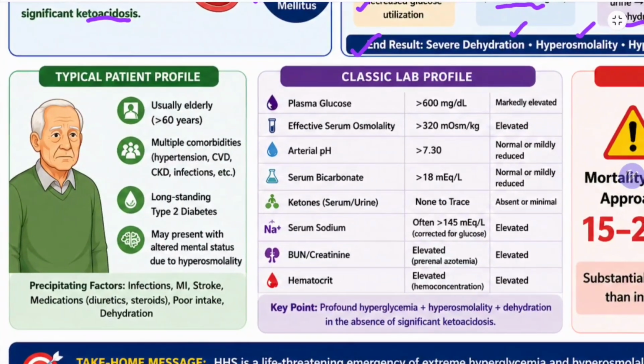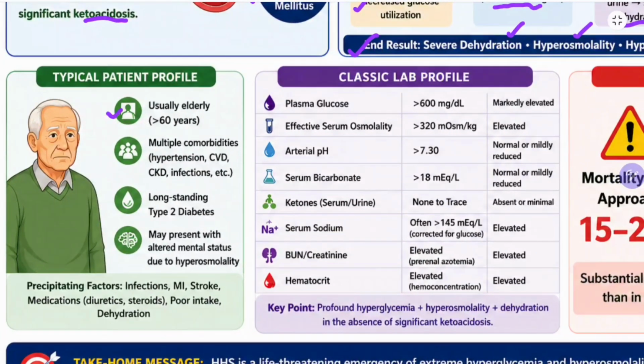Typically the patient is an elderly patient more than 60 years of age with multiple comorbidities like hypertension, cardiovascular disease, chronic kidney disease, infections, etc., who has long-standing type 2 diabetes and may present with altered mental status due to hyperosmolality.